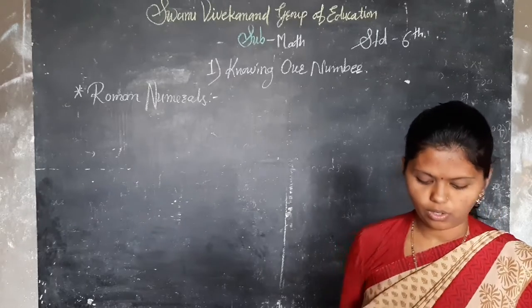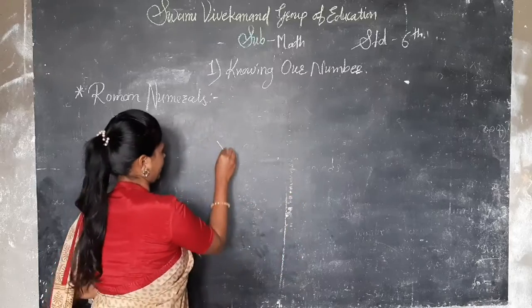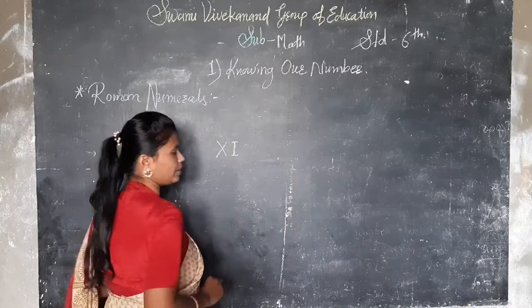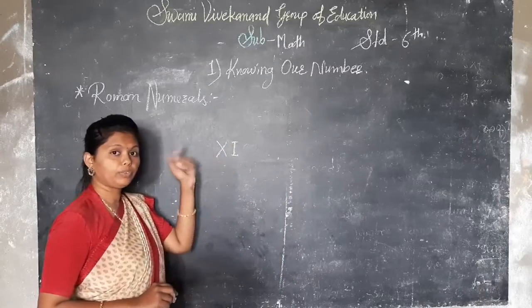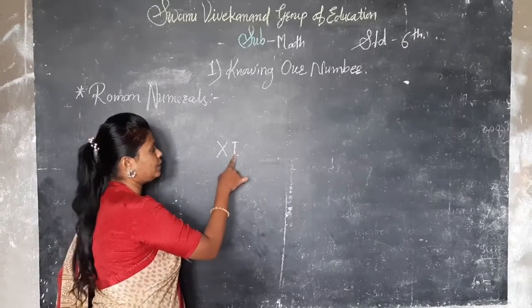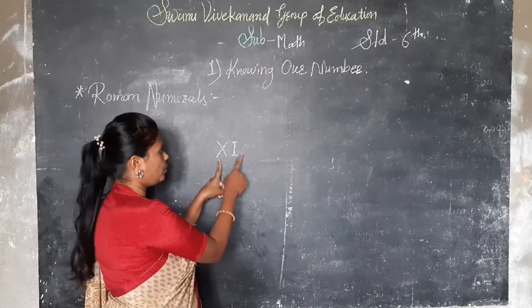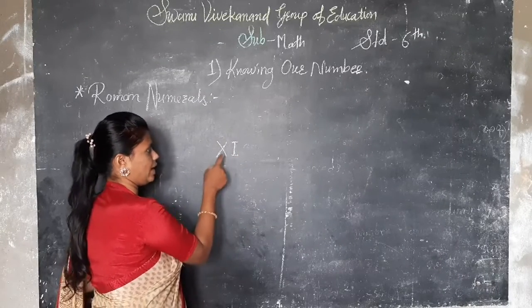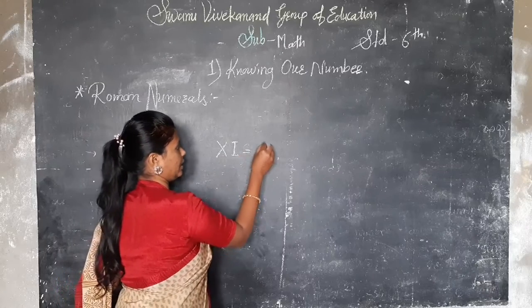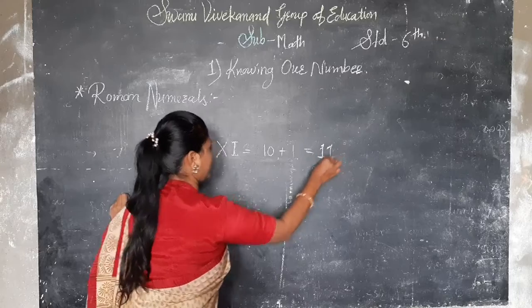If a symbol of smaller value is written towards the right side of the higher value, then we add that smaller value to the higher value. This is an example of the rule of addition.